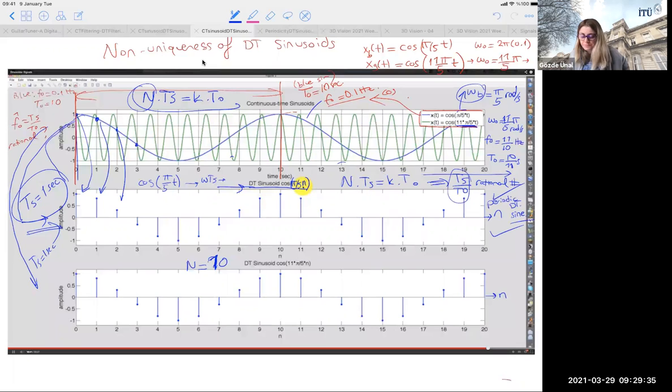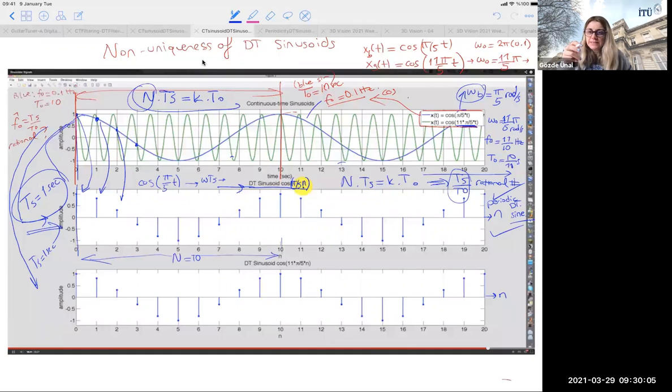Here it is, because Ts was 1 second, T0 is 10 seconds. It's 1 over 10. That's a rational number. And the fundamental period, of course, is picking 2 peaks from here to here. The fundamental period is 10 samples, which is good.